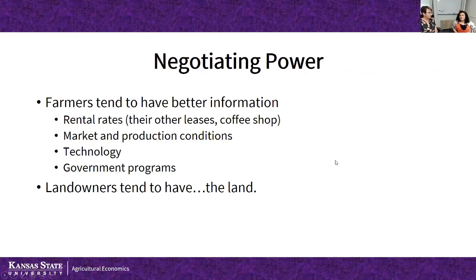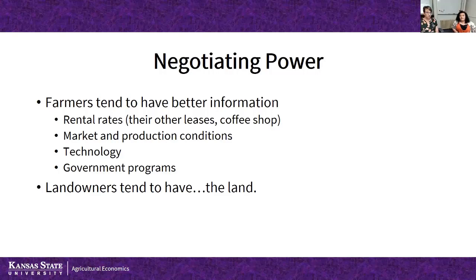Well, when it comes to negotiating power, it's who has the upper hand on the other, right? So farmers and producers tend to have the better information. You know your rental rates, you know the rental rates of those in your area, given if there's irrigation, if there's not, given if there's water restriction, if there's not, all these different things through coffee shop talk and through just general knowledge. Farmers also tend to know what the prices have been, where they should maybe be going, along with advancements in technology and yield increases and government programs, is this crop going to be subsidized this year, is it not, different things like that.